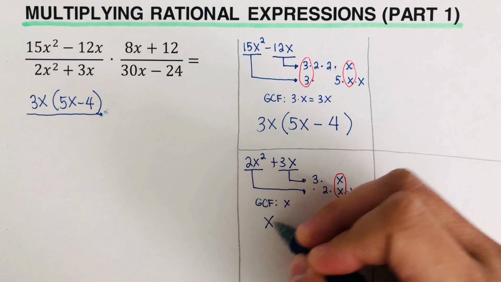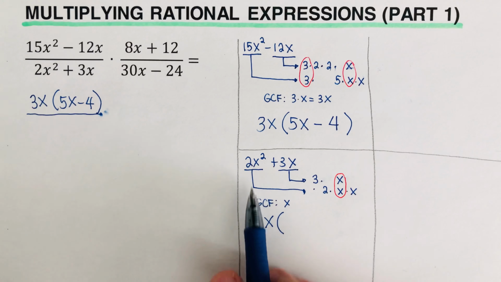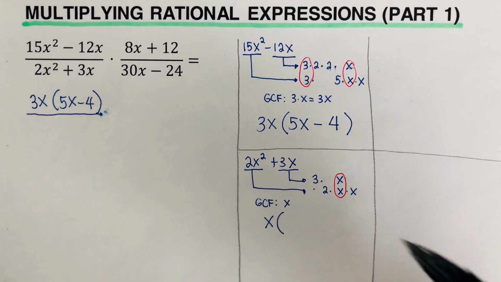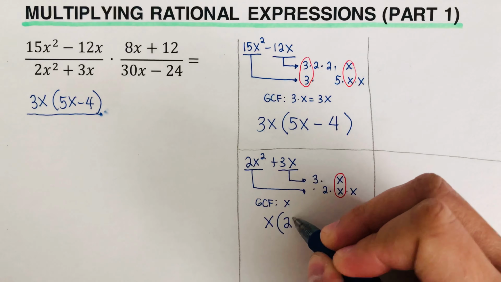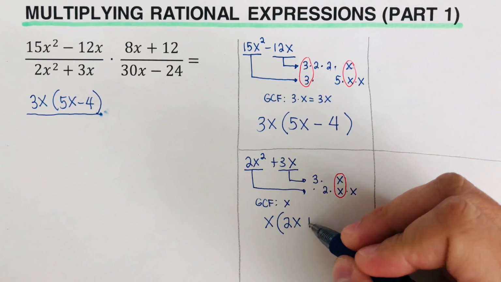So x times, we can figure out the leftover, or you can divide. If we divide 2x squared by x, that is 2x. Or you can see whatever the leftover is. So that's 2x, and the leftover for the second term is plus 3.